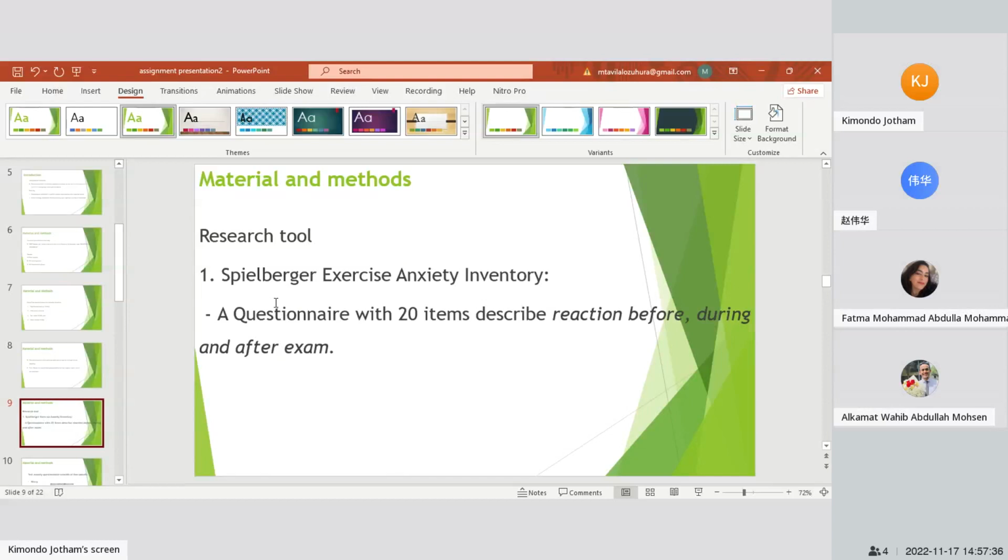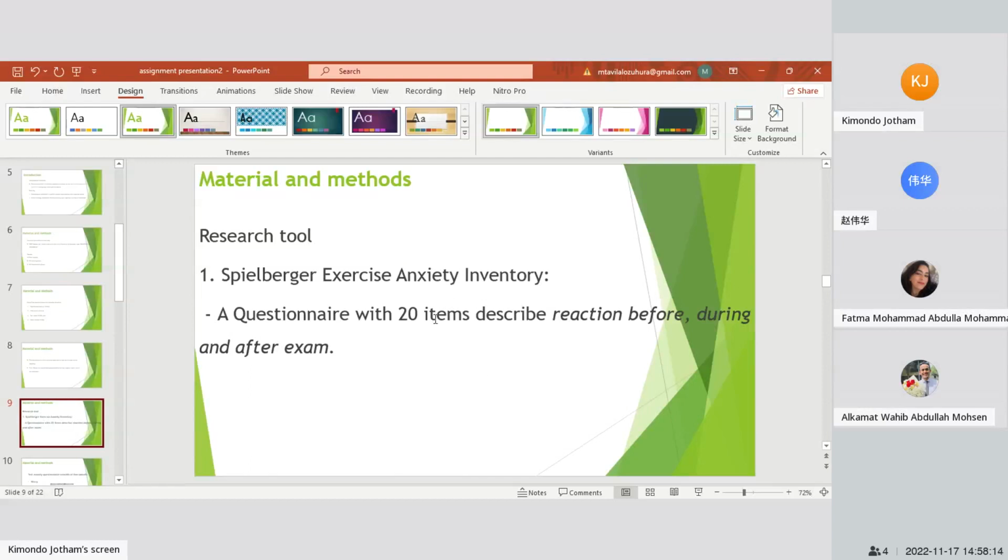The tools they used for data analysis: the first one was the Spielberger test anxiety inventory. Actually, this is a German name, so it's difficult to pronounce. This inventory was used to prepare a questionnaire of 20 items. The aim of this questionnaire was to describe the reaction of the students before the exam, during the exam, and after the exam.